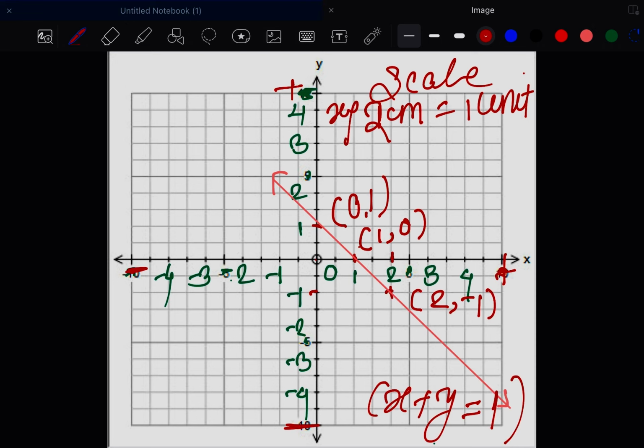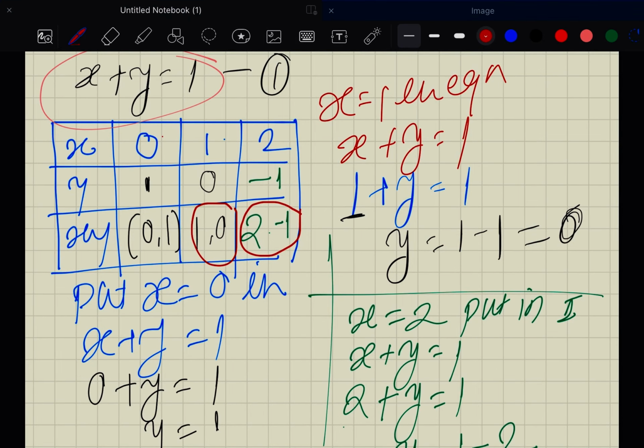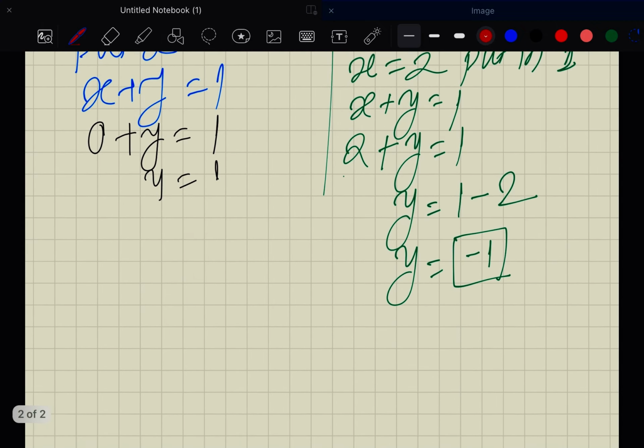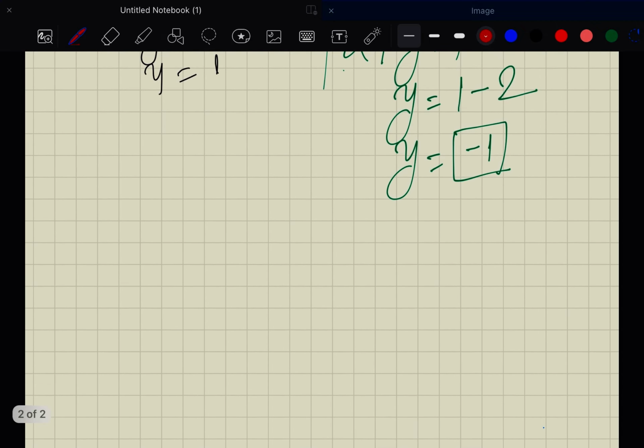So on the x and y axes, 2 centimeters is equal to 1 unit. Likewise, we have to plot a graph of this equation. Clear? Now let's move to the second example. A similar type of second example that we have to solve.